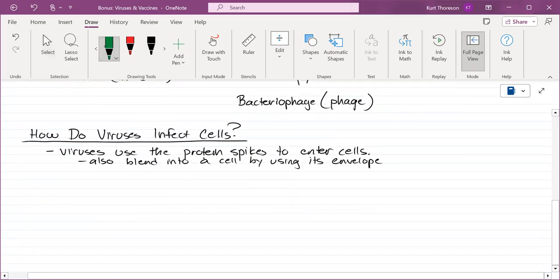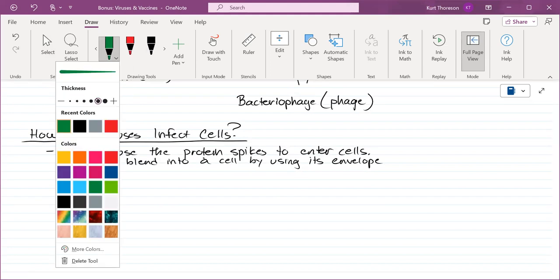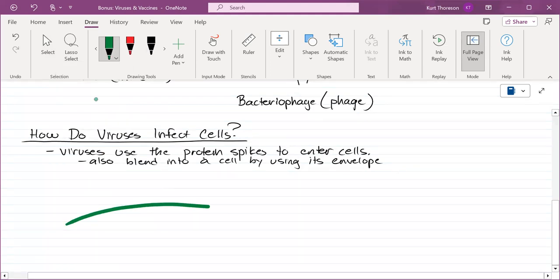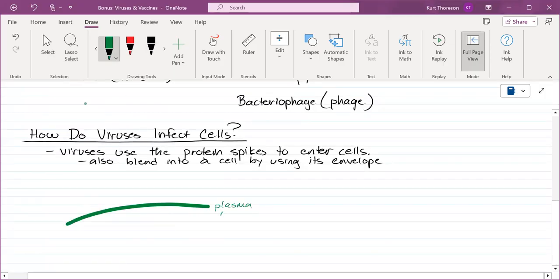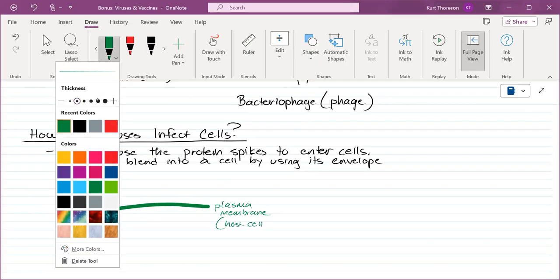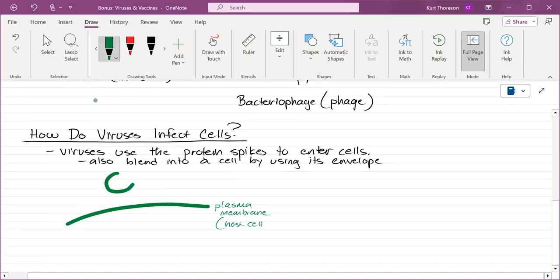Check this out. I'm going to try to draw this out like a little comic strip, okay? Here's the plasma membrane of a host cell. All right? Here is a virus. Okay, guys.